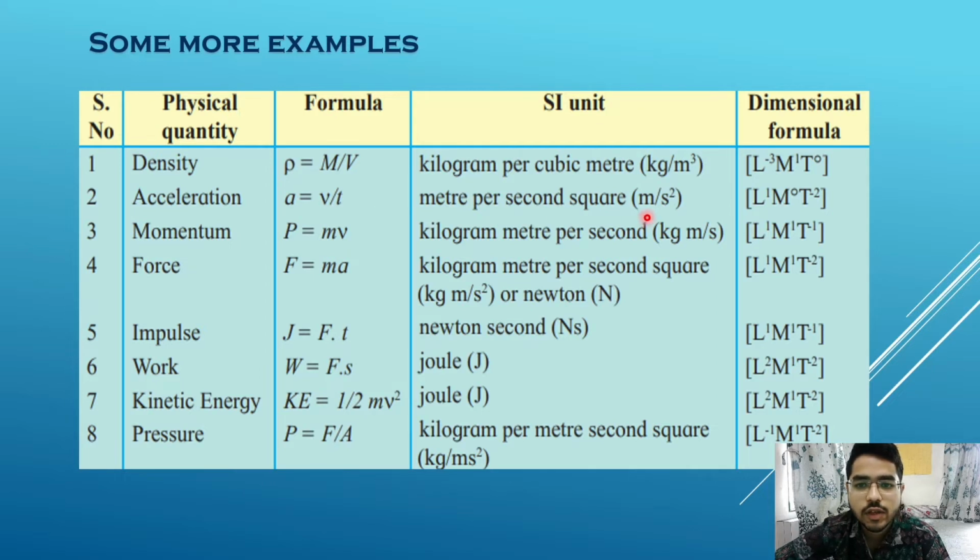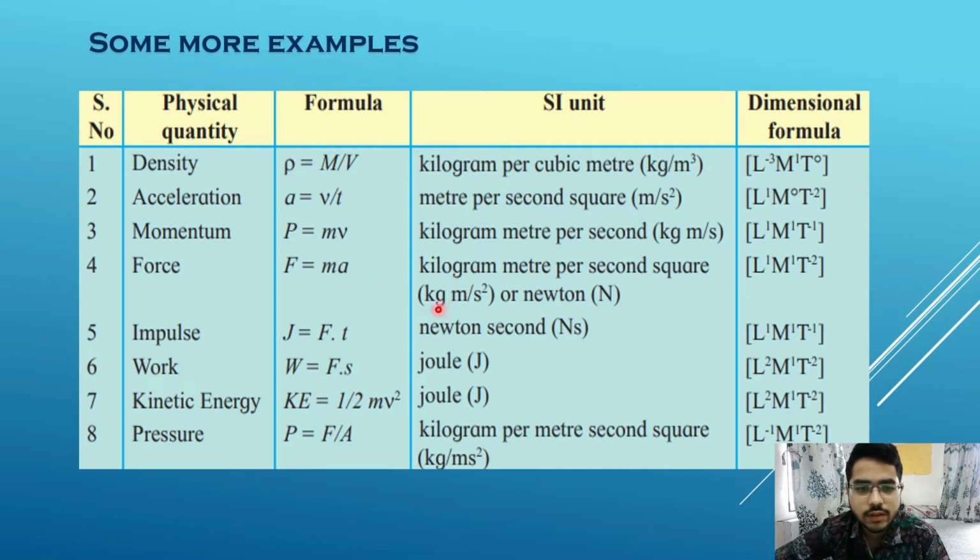We have seen previously that it is meter per second square in SI unit, and the dimensional formula will be L1 M0 T raised to minus 2. Momentum is given by p is equal to mv, that is kg meter per second. In dimensional formula we can write it as L1 M1 T raised to minus 1. And force is given as F is equal to ma, that is mass into acceleration.